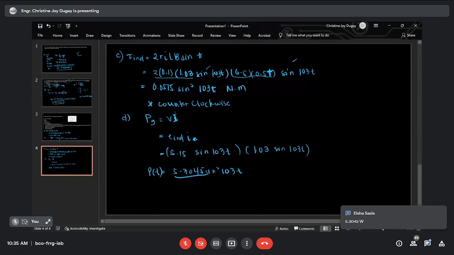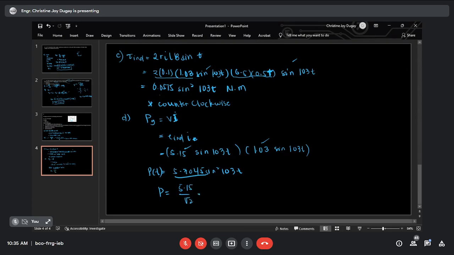So dito, naka-time domain pa rin siya. So kung kukunin po ninyo yung numerical niya, pwede nyo gamitin din to. Since naka-maximum eto, kukunin po ninyo ang RMS value. So 5.15 over square root of 2, then multiply nyo siya sa current, which is 1.03 over square root of 2. Or pwede nyo kunin dito sa PT para makuha nyo yung average value niya or RMS value. Naka-numerical na lang siya. That is 5.3045, divide nyo lang siya kay 2.